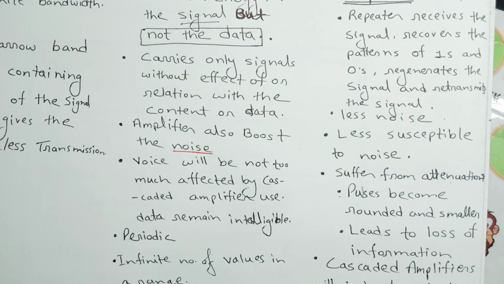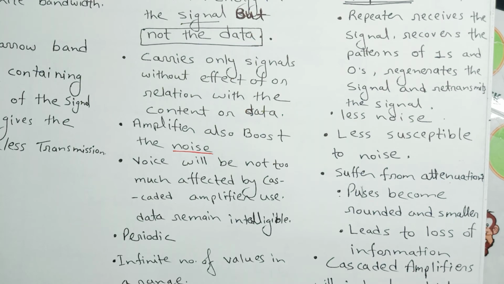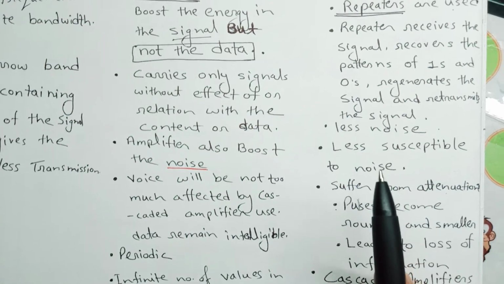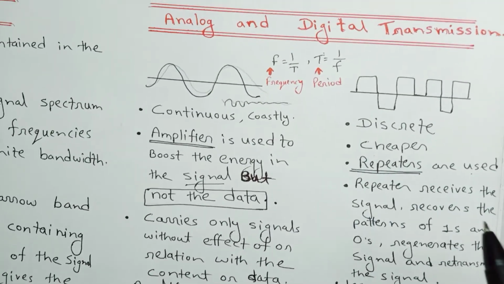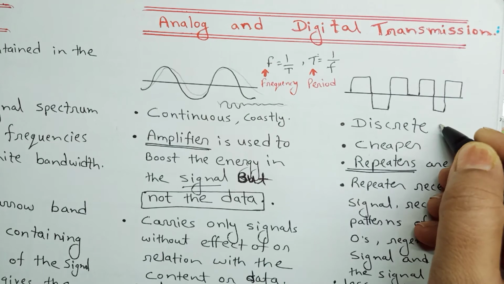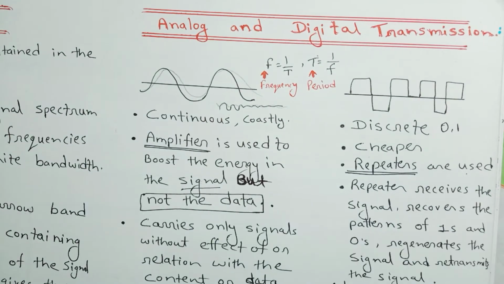Cascaded amplifiers will introduce bit error. Digital is non-periodic and has a limited number of values. Because this is discrete, it is 0 or 1, and it is cheaper.